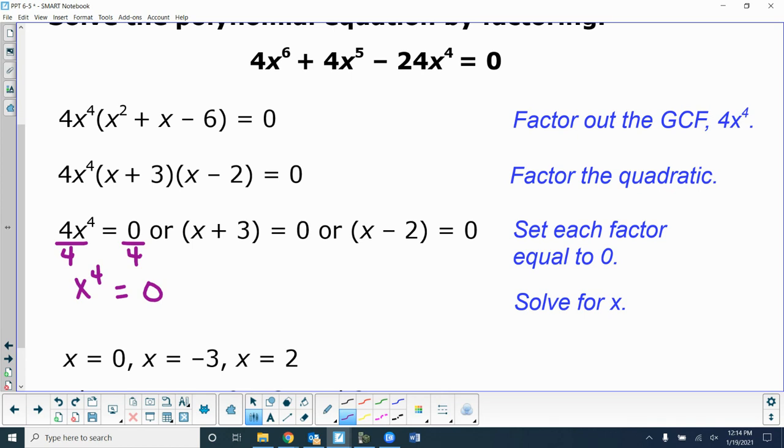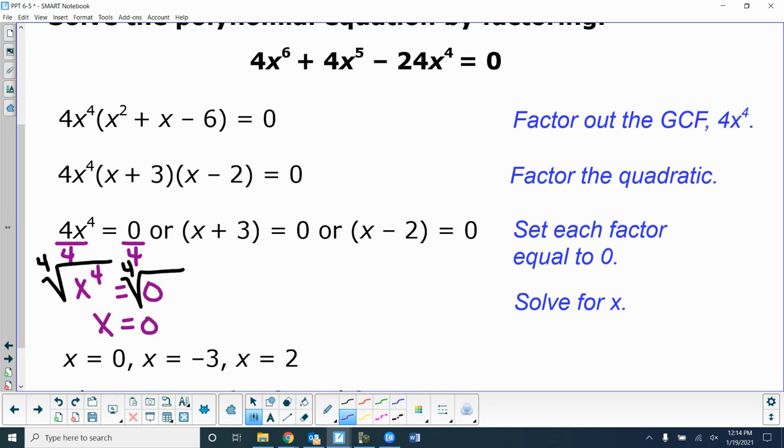Square root of it. Since it's x to the 4th, what do I do to both sides? Take the 4th root. Okay? If you have to do that, you all know this answer is what? 0.